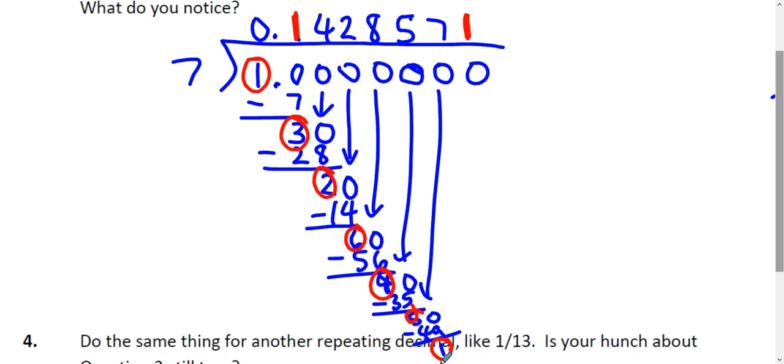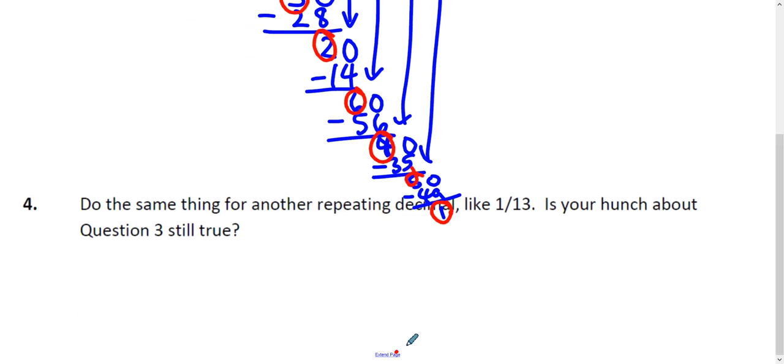As soon as you see a remainder that you've seen before, we now know that's the block that's going to repeat. Because once you see this, the whole process has to happen over and over again. You can explain that to a young person. A young person's going to figure out that that has to be.